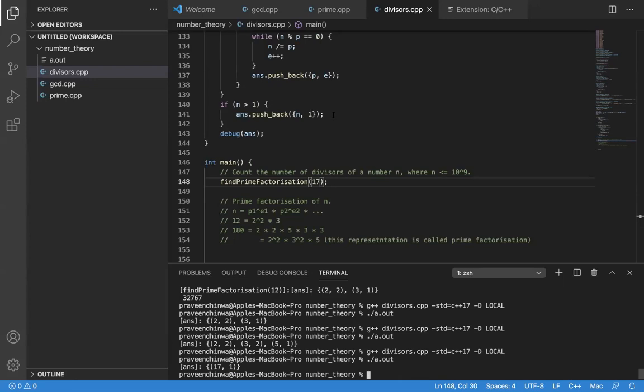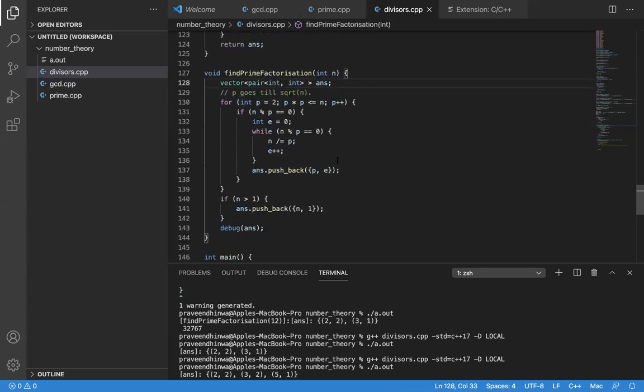So let's try understanding what this program is doing. You can see its time complexity is square root of n because p only goes till square root of n. It will not take more than square root of n. So what is happening is, if p divides n, then it means p is a divisor. So you keep dividing n by p and you find out how many powers of p there are in n.